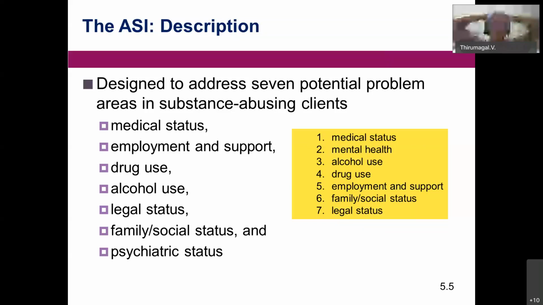Suppose I had an overdose. That overdose could have killed me. I almost died. That will be discussed only in the medical section because it was a threat to my life. I will discuss that as a medical issue in the section on medical status.